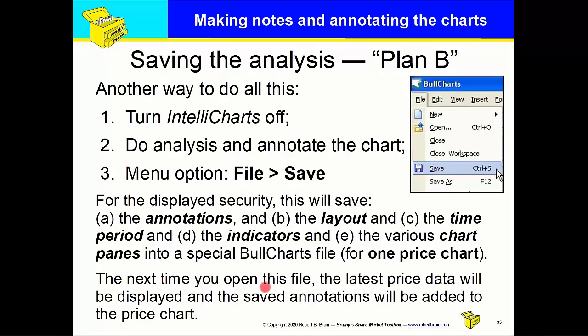And the next time you open this file, the latest price data will be displayed with it, and the saved annotations will be added to the price chart. So if it's a week or 2 or 3 weeks since you last looked at that particular saved chart file, the next time you open it, you will see the latest available data because they're pulled up separately onto the BullCharts screen.